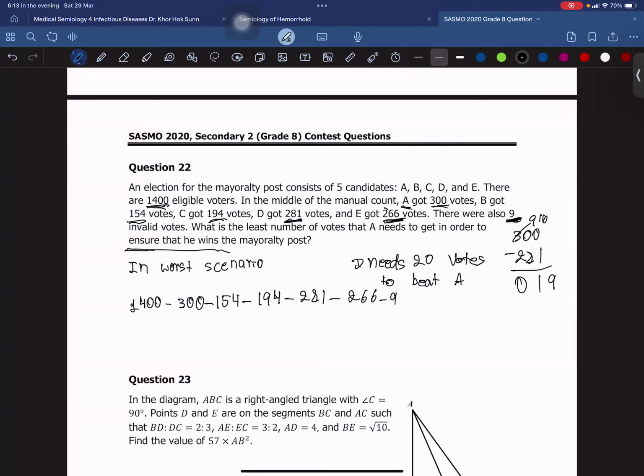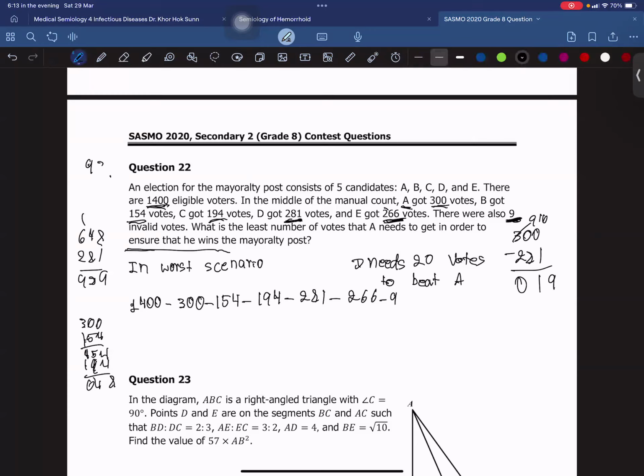So what do we get? 1,400 minus 300, minus 154, minus 194, minus 281, minus 266, minus 9.